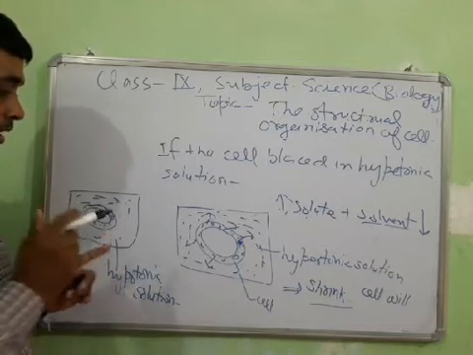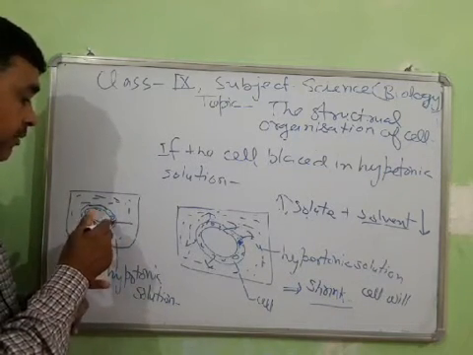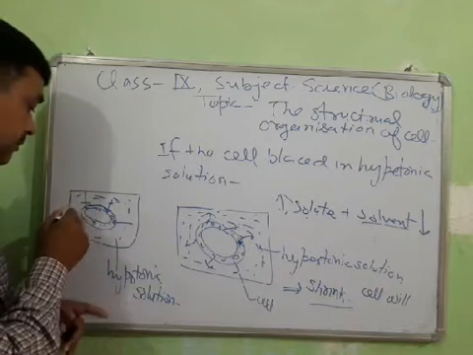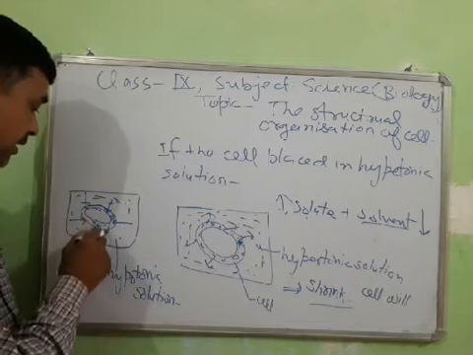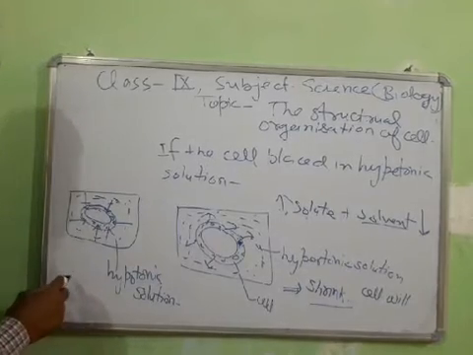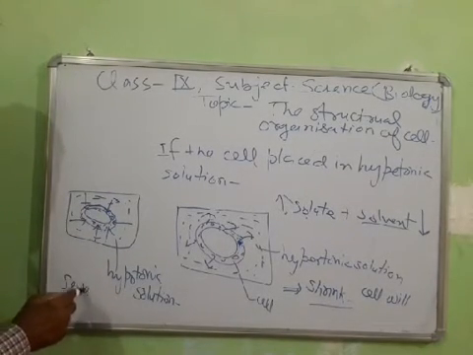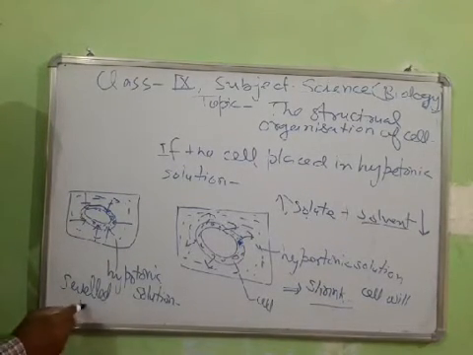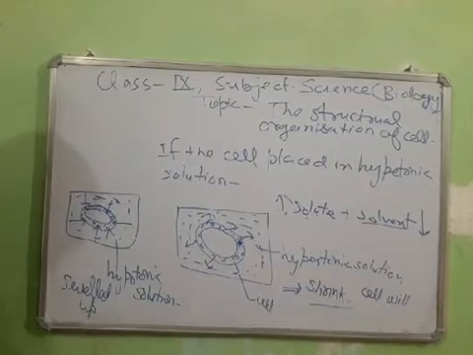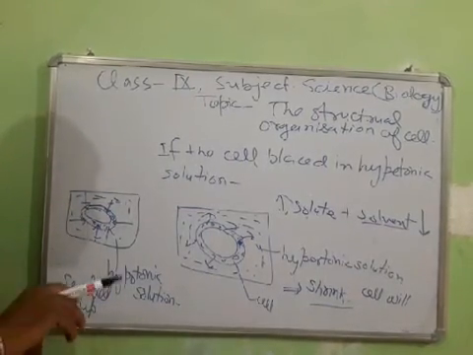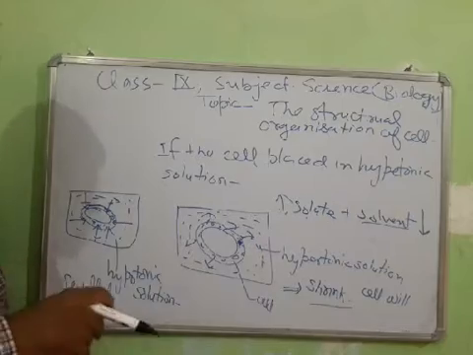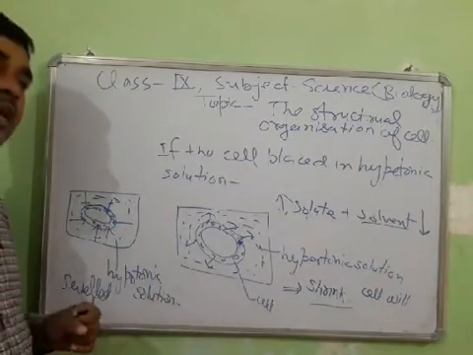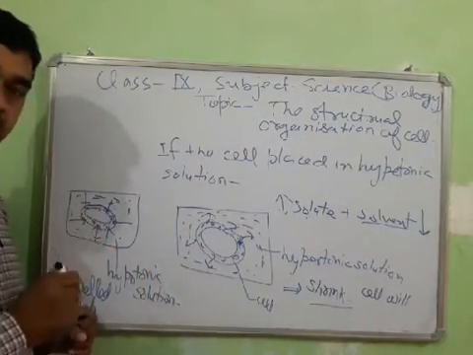So the higher concentration of water will enter inside the cell, and they will swell up. Water will enter through the semi-permeable membrane inside the cell.